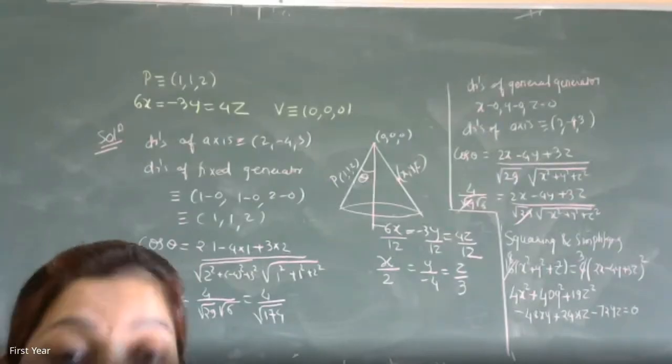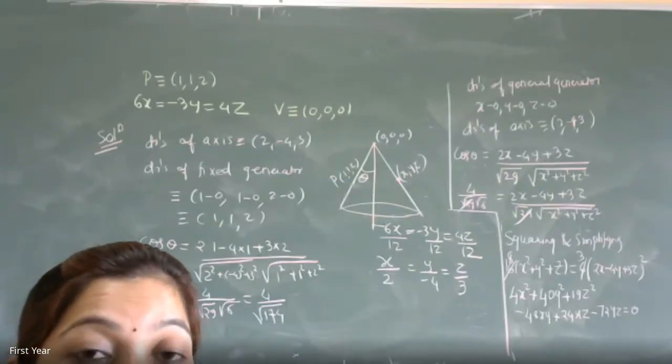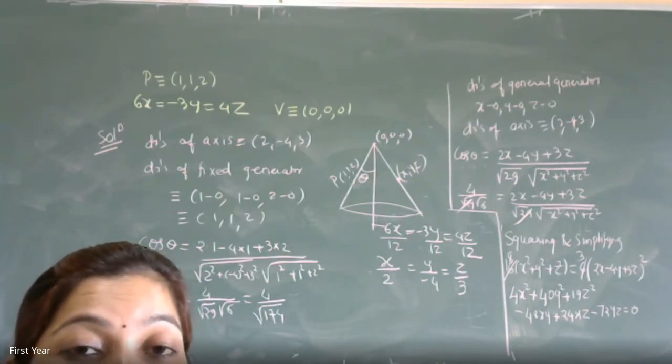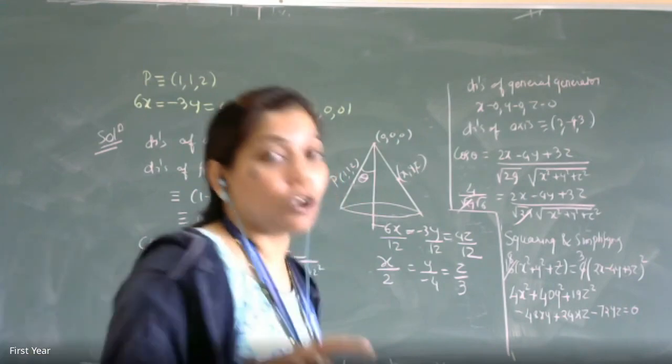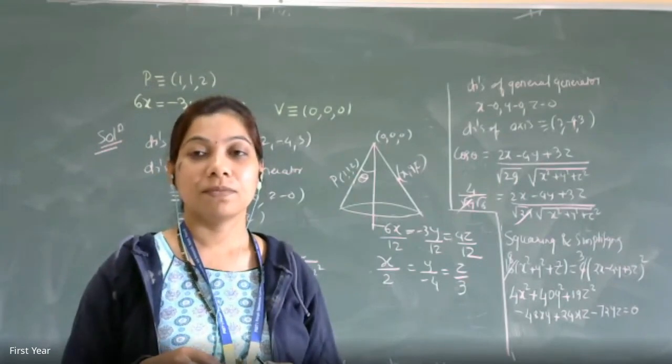Let me tell you why 1 by root 3 comes. If it is making equal angle with the coordinate axes, which angles do we take? The direction angles alpha, beta, gamma, cos alpha, cos beta, cos gamma.